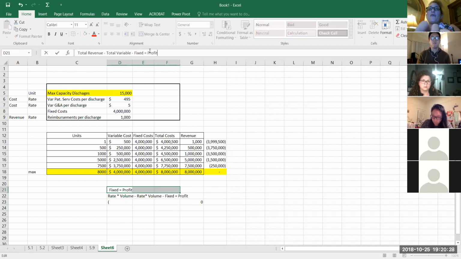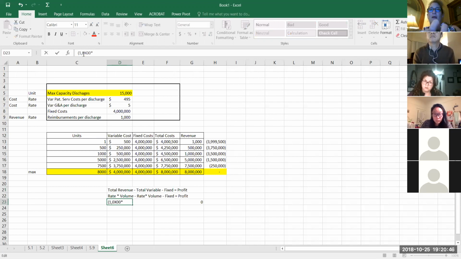So if we use that formula and plug in the numbers here, we know our rate for revenue is $1,000, right? And we multiply that by our break-even volume. So I'm going to say x, because we're solving for x.